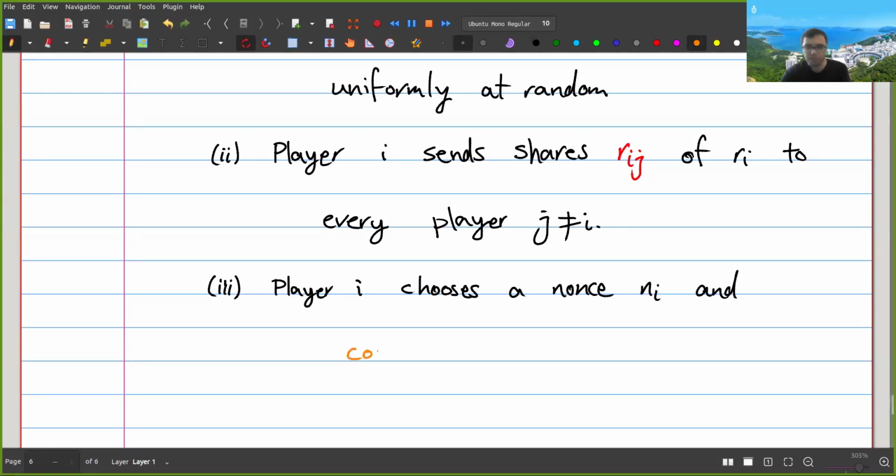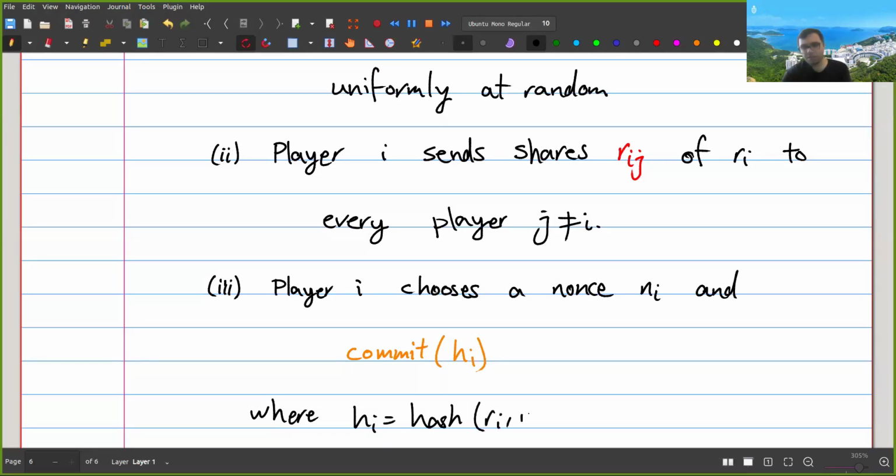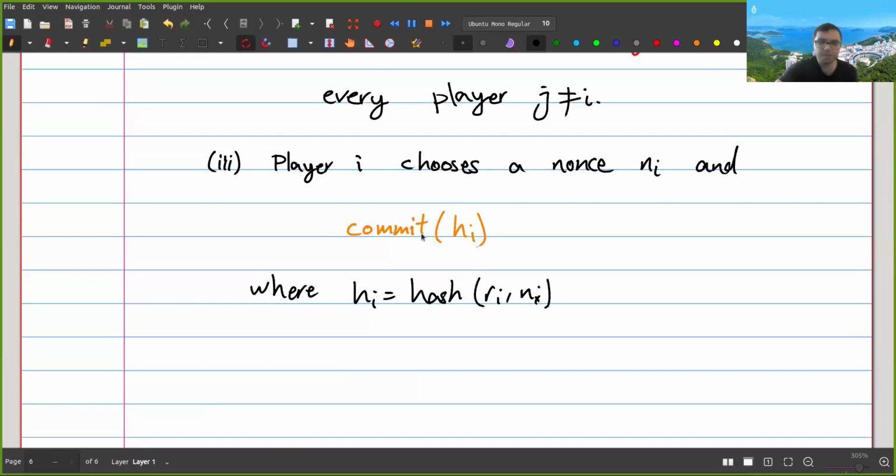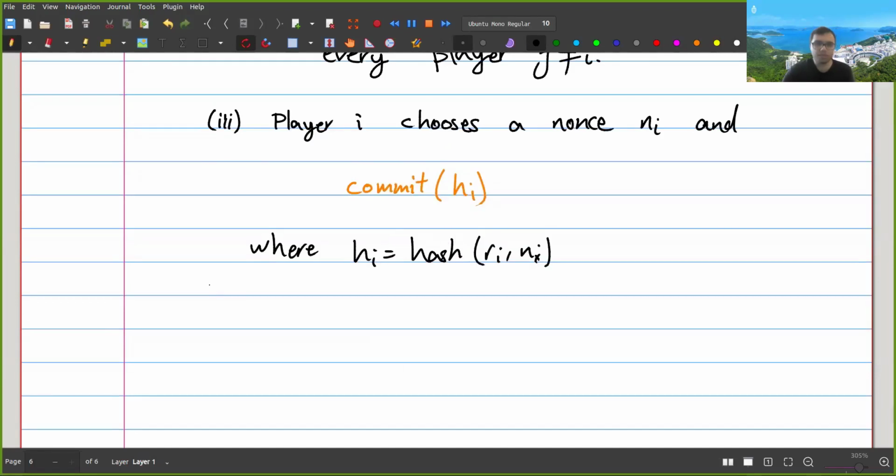And does the commitment basically on the smart contract, where the commitment is committing to some Hi, where Hi was the hash of his random value and his nonce. Okay. So this is the commitment.